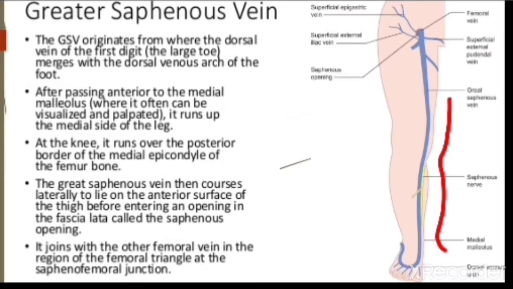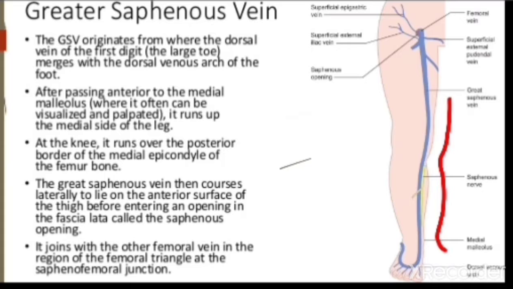As we can see in the diagram, it is running upwards and passing anterior to the medial malleolus. The medial malleolus is the projection at the lower end of the tibia. At the knee, it runs over the posterior border of the medial epicondyle of the femur, and the great saphenous vein then courses laterally to lie on the anterior surface of the thigh.